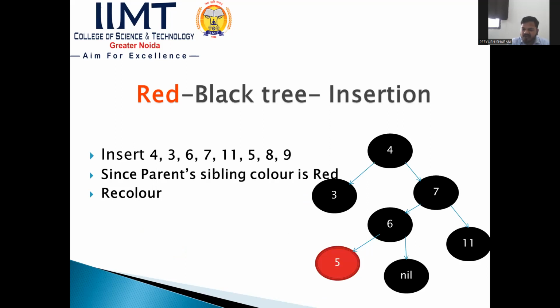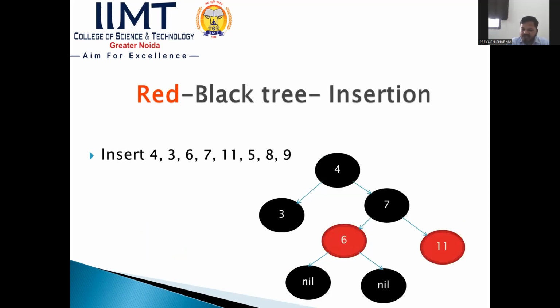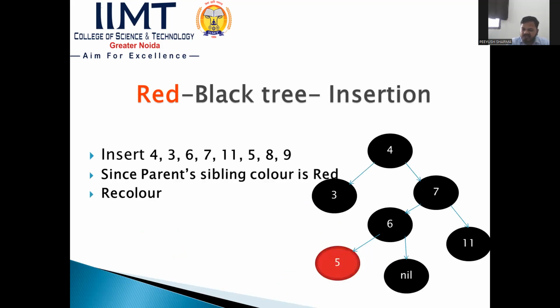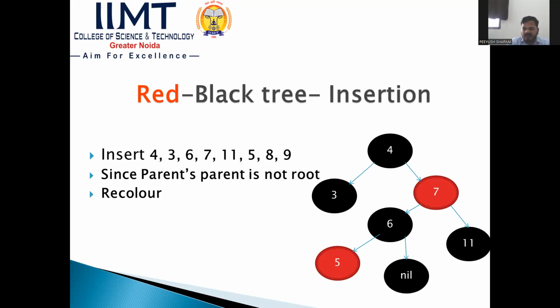If the parent's parent is not the root node, we simply recolor it too. When we recolor 6 and 11, we also check its parent, which is 7, which is not the root node. So we simply recolor it. Now our red black tree is balanced.